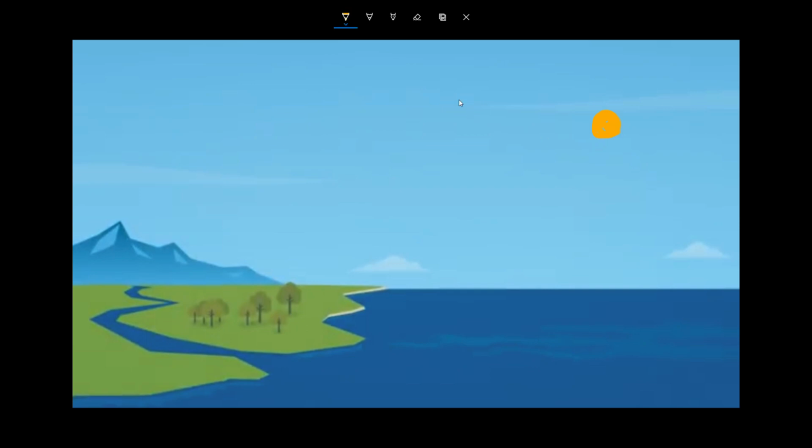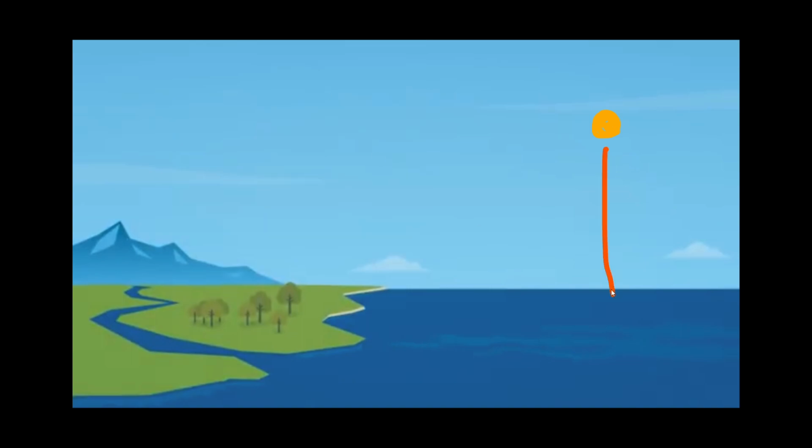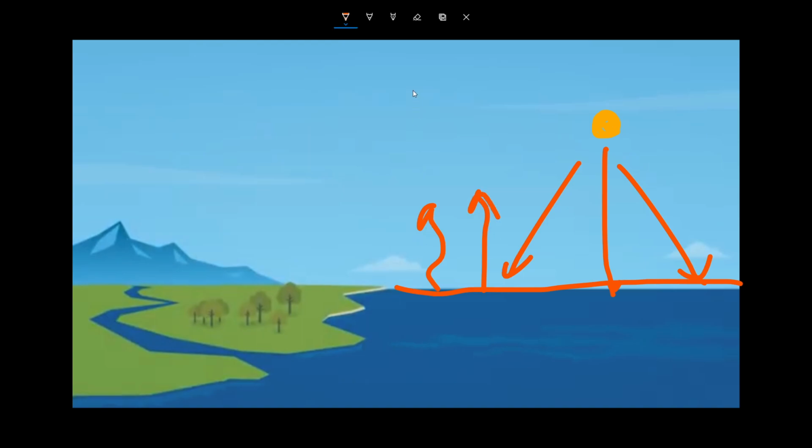The sun transmits its heat to the water body and it heats up the surface of water, which eventually turns this water into gas, and this gas is called water vapor.